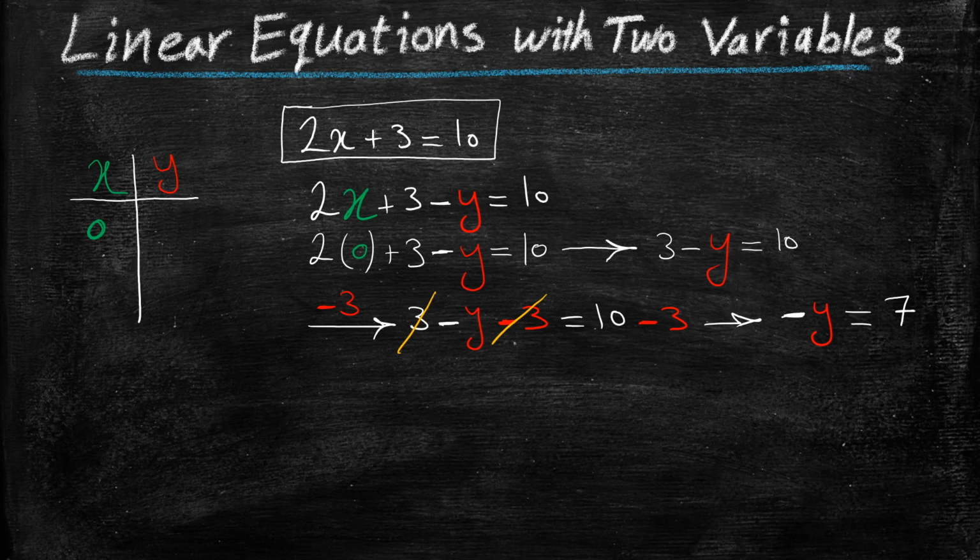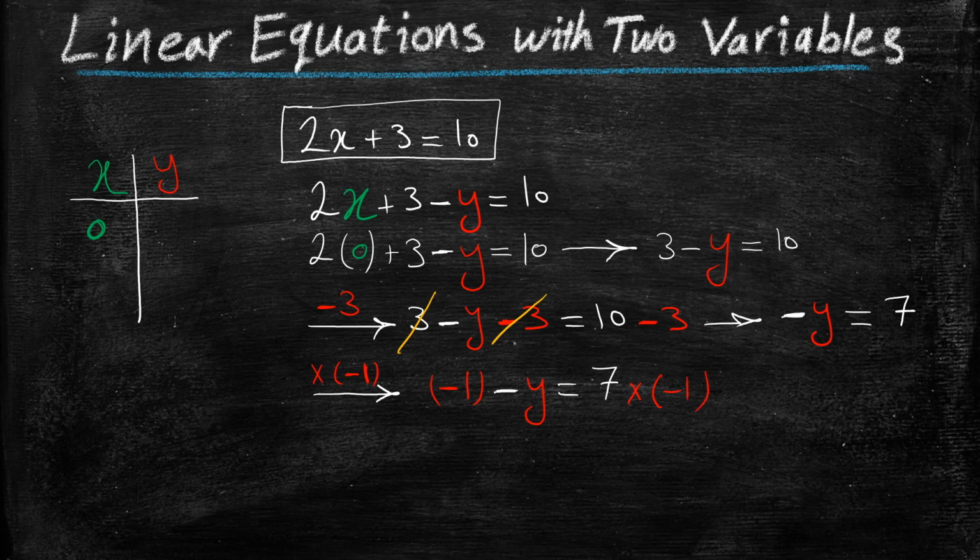Are we done? Is y isolated? No. We still need to get rid of that negative sign. So how do I get rid of that? How about multiplying both sides by negative 1. Negative times negative is positive. So I'm going to multiply negative 1 by negative y on the left hand side, and I do the same to the right hand side, 7 multiplied by negative 1.